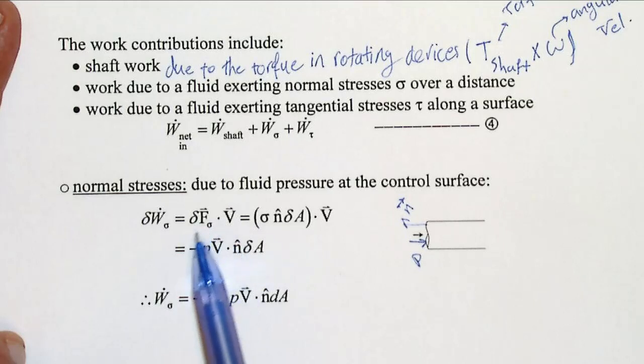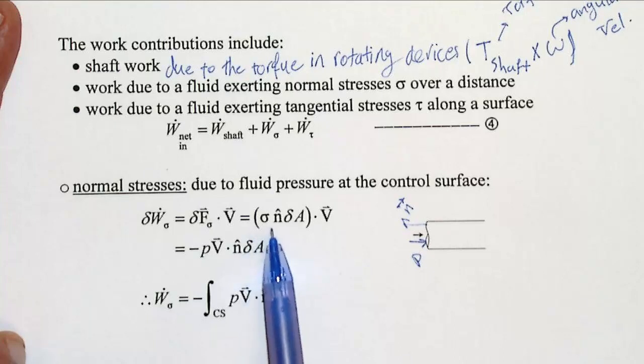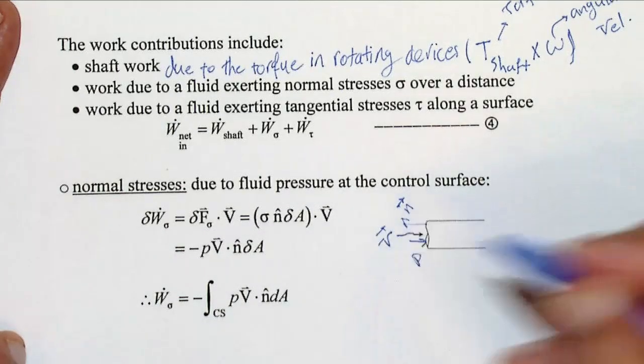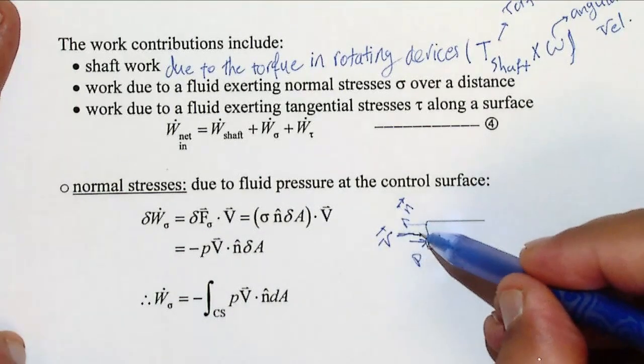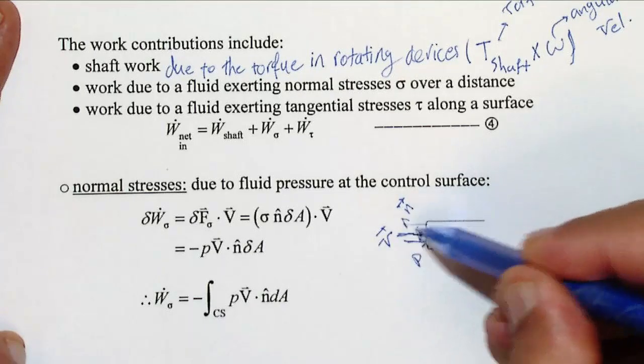You can replace the force by pressure times area, so sigma n delta A is going to be your force, times V. Velocity comes in, pressure is in this direction, and n is outward.